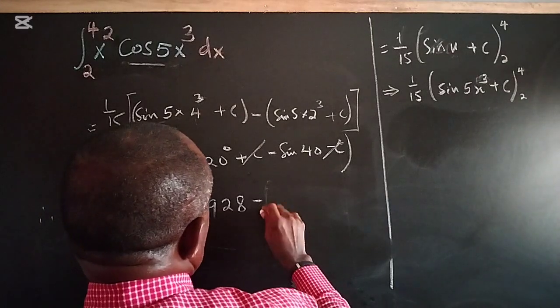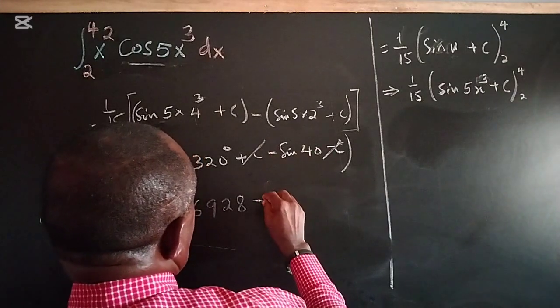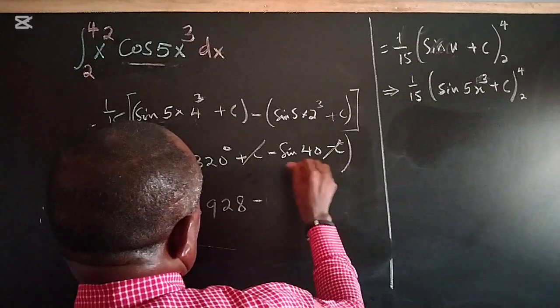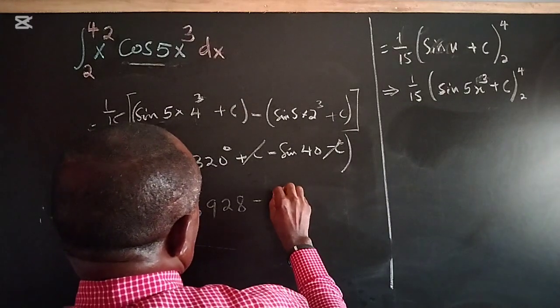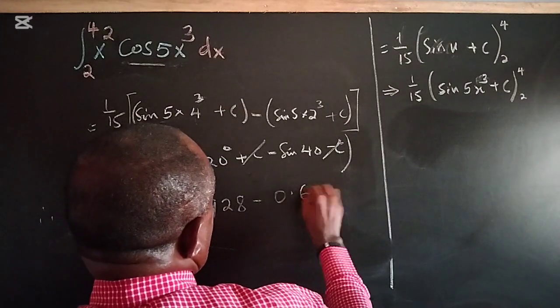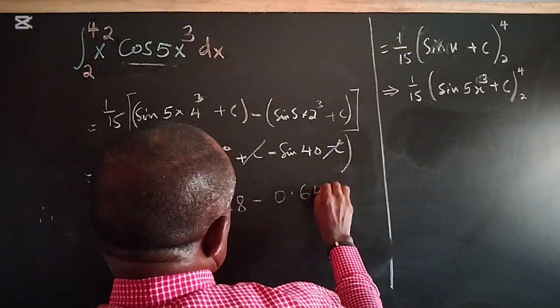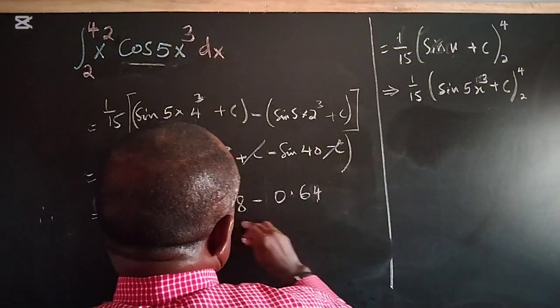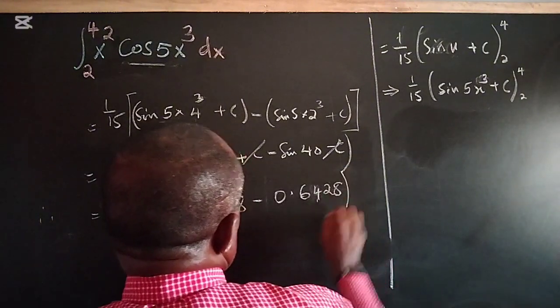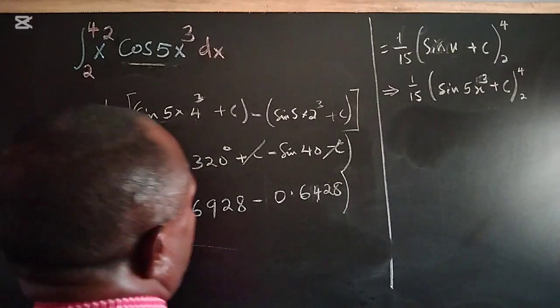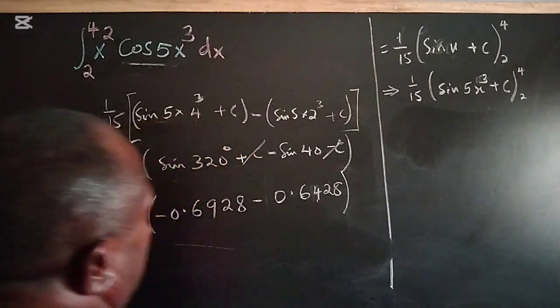Sine 40 degrees is going to be 0.6428. Then we close the bracket.